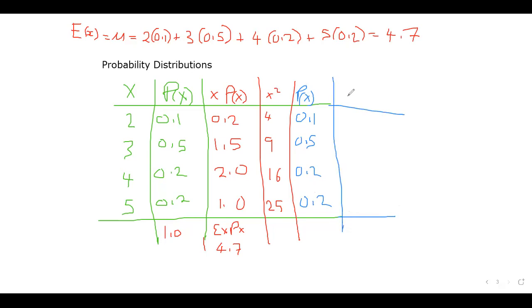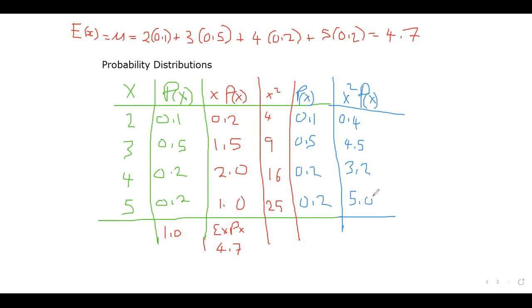By these two, we're going to have x squared and probability of x. 4 times 0.1, 0.4. 9 times 0.5, 4.5. 16 by 0.2, we get 3.2. 5 by 0.2, we get 5.